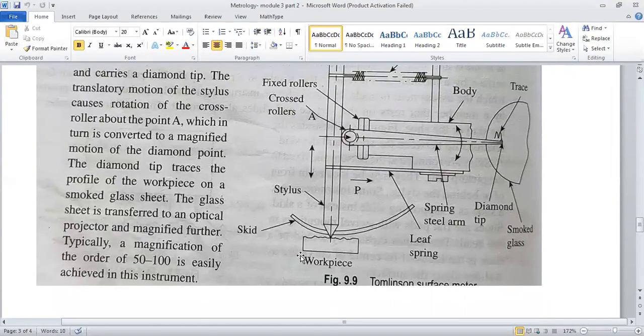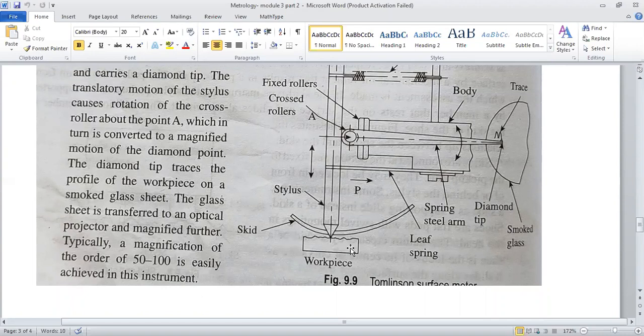50 to 100 times is easily achieved in this instrument. When we get different magnifications, we get the accurate result. So this is the working principle of the stylus probe based system.